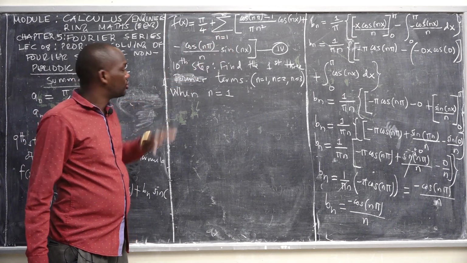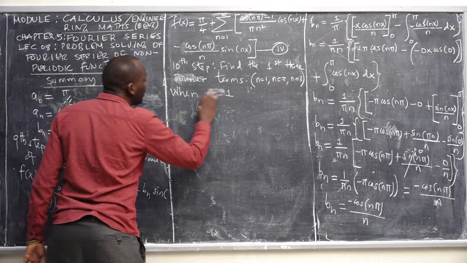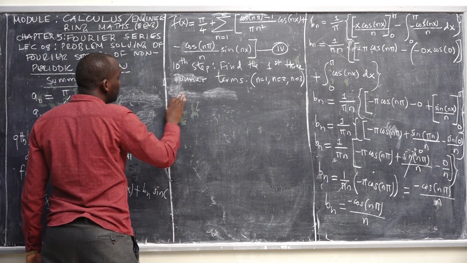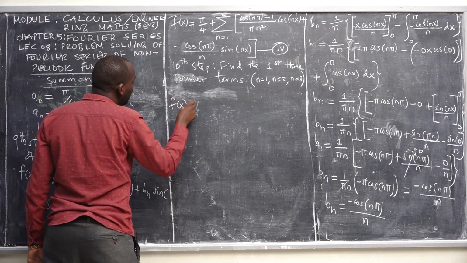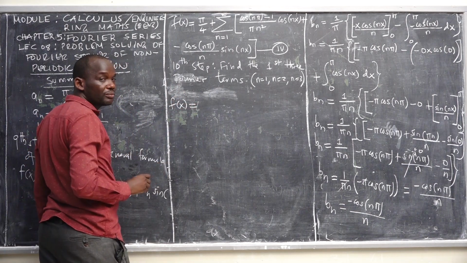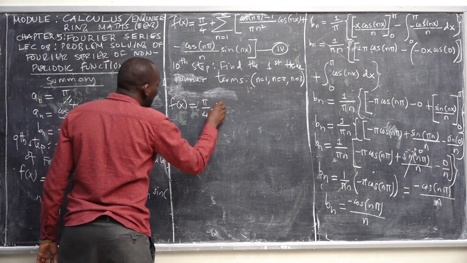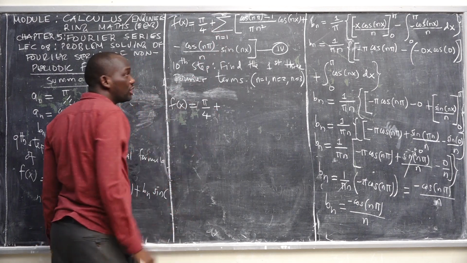Or you can just do it this way, that you have f of x. Stop writing, look. We have pi over 4, which does not change, plus, then we don't write this sigma notation.